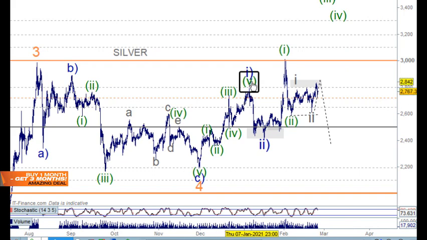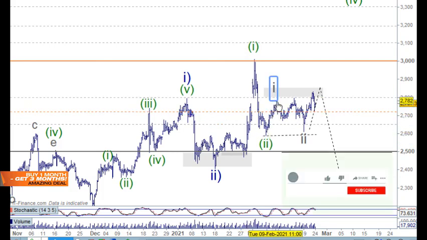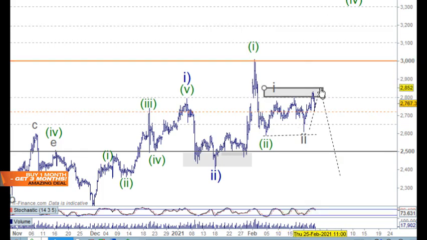This move up through here counts as 5 waves, then the retracement back, then up for 1 here. So wave 4 here, up for 1, back for 2, up for 1, back for 2, and then looking at this as up for 1 here, an A and a B and a C back for wave 2 here, and then just pushing higher from that point, just moving up higher.